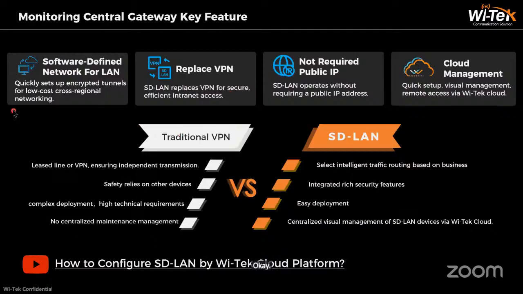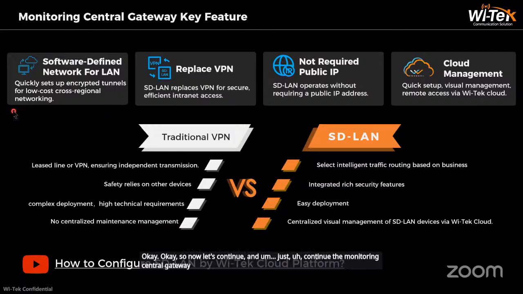Okay, so now let's continue. The monitoring central gateway offers key features like software-defined network for LAN, and it is ideal for quickly setting up encrypted terminals for low-cost cross-regional networking.